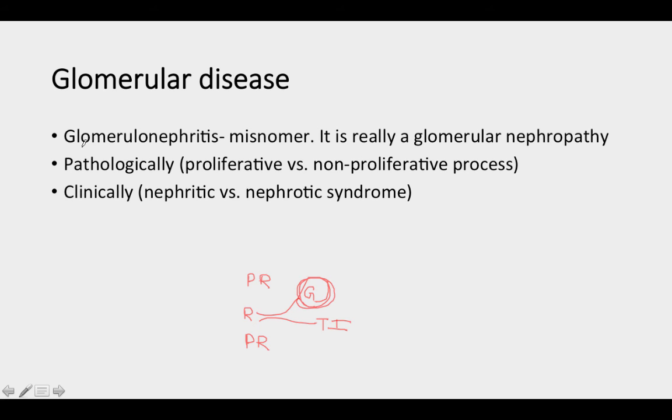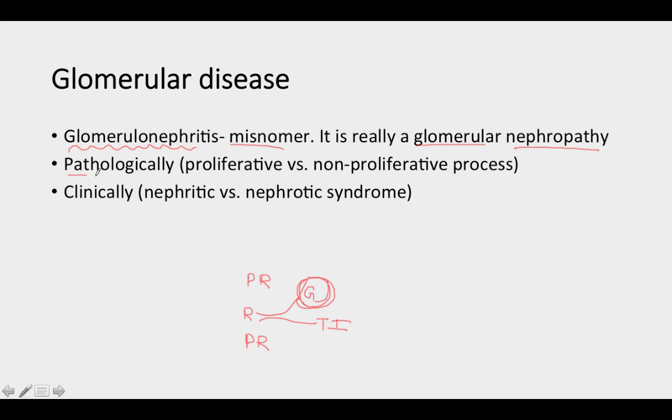And glomerular injury is known as glomerulonephritis. It's a misnomer. It is really a glomerular nephropathy. Glomerulonephritis seems to indicate that these are inflammatory processes when some of them are, but some of them aren't. So think of them as glomerular nephropathies.